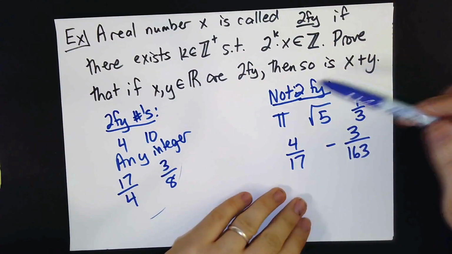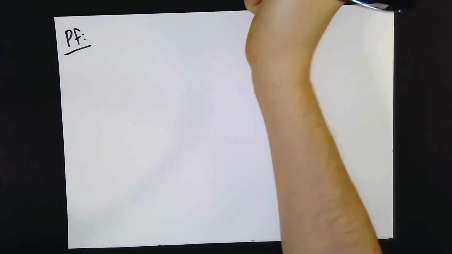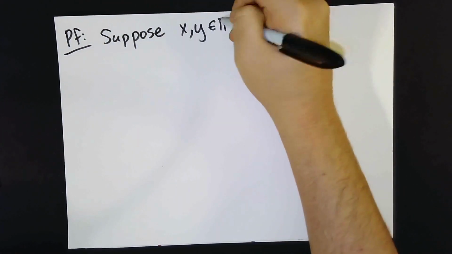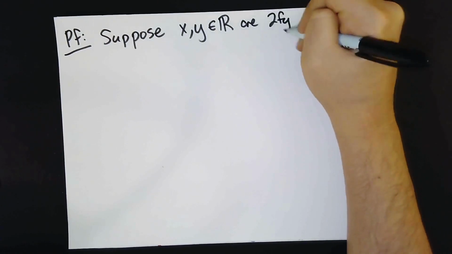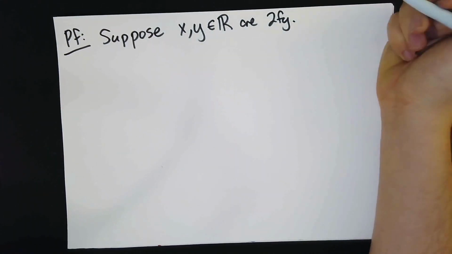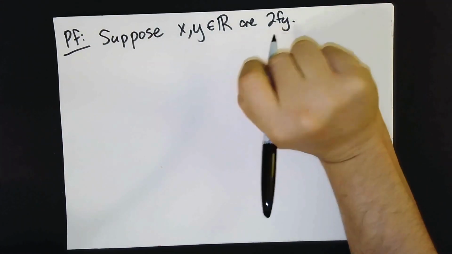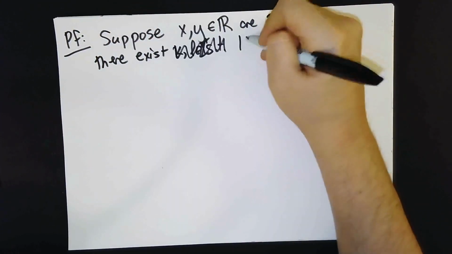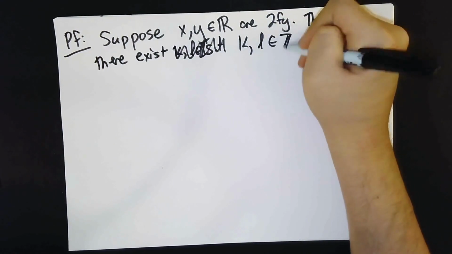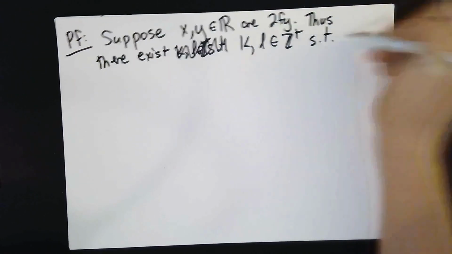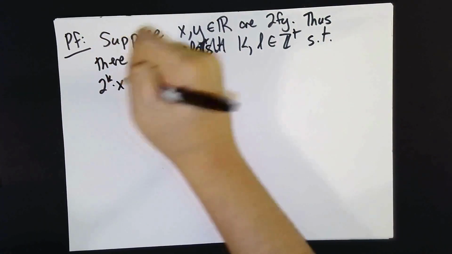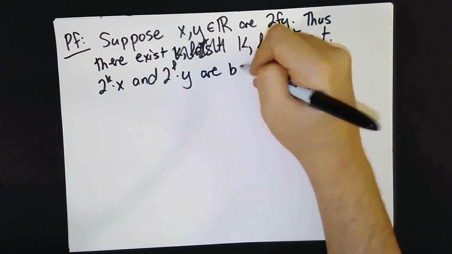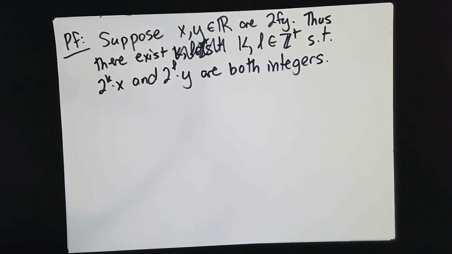So now let's prove this thing. Okay, so we're going to suppose that x and y are 2phi. And then I immediately need to unwind that out of the definition. What does that mean? That means that there exist k and l in Z plus such that 2 to the k times x and 2 to the l times y, these things are both integers.